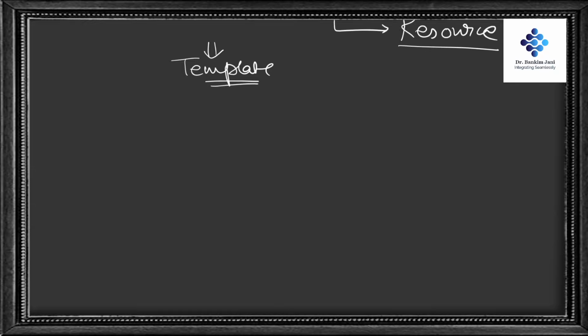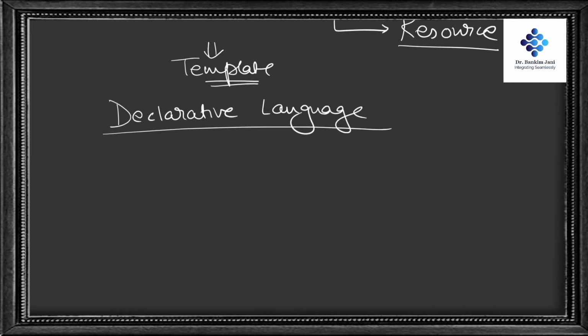There is something called a declarative language. What is a declarative language? It says that everything I am doing, all these manifests and modules, classes, resources, my final aim is only one: that this should be the end state of the device.